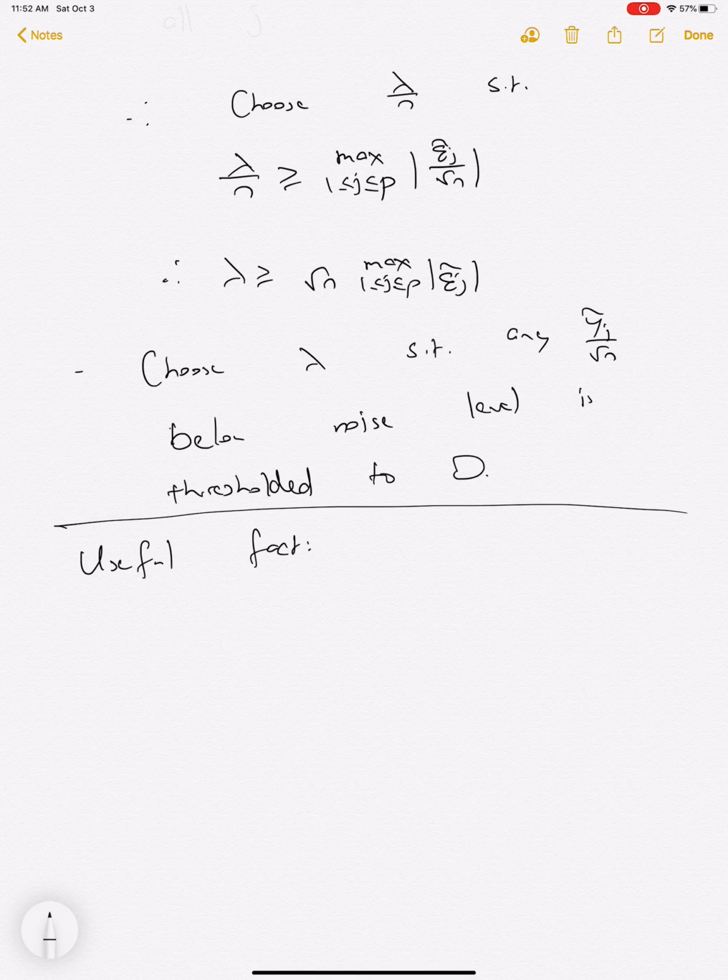So if we're taking the maximum of p Gaussian variables, the expectation of that random variable is, I believe, equal to 2 times square root of log p.